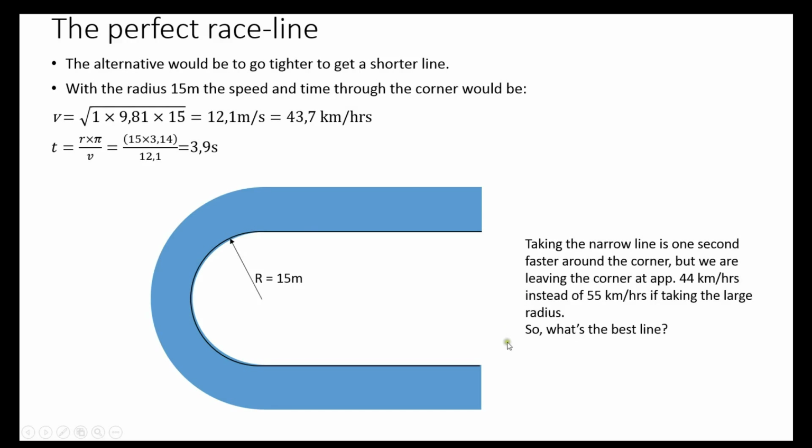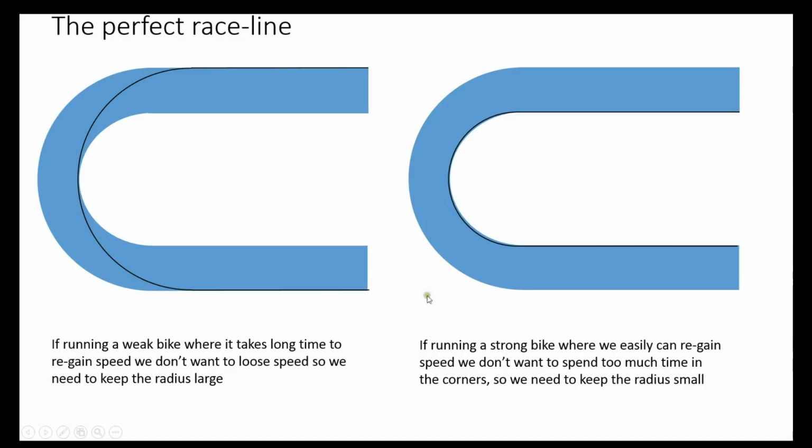If we take the other extreme and follow the inner line with a radius of 15 meters, we will only go roughly 44 kilometers an hour, which is 11 kilometers an hour less, but we will spend 1 second less in the corner since it's so much shorter. So now we have to figure out which is the best line.